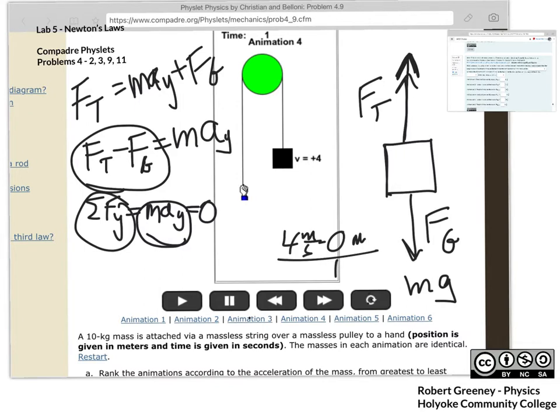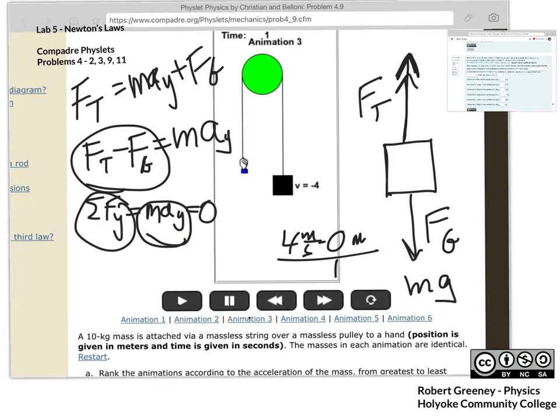And if the acceleration is consistent, if we play it out for 2 seconds, after 2 seconds it's 8 meters per second, so we get the same acceleration. So the acceleration is in fact constant, and it's 4 meters per second squared.